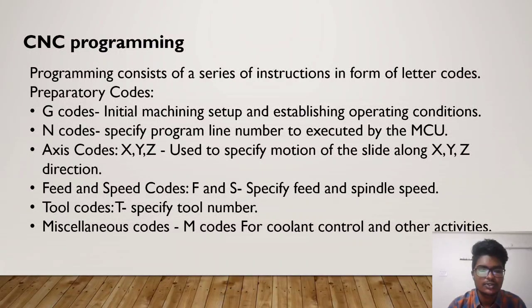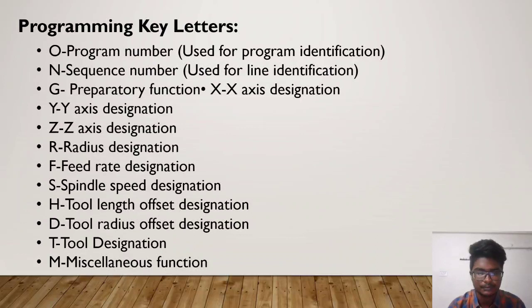Tool codes specify the tool number, and miscellaneous codes like M codes handle coolant control and other activities. Programming key letters: these are the different types used for program identification, line identification, axis designation, radius designation, spindle speed designation, tool length offset designation, tool radius offset designation, tool designation and miscellaneous functions.